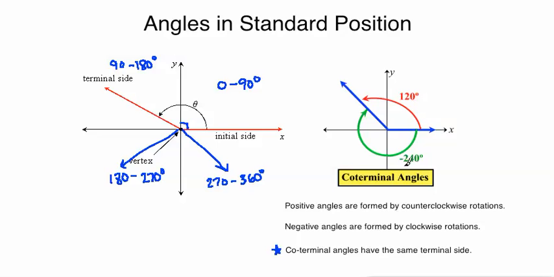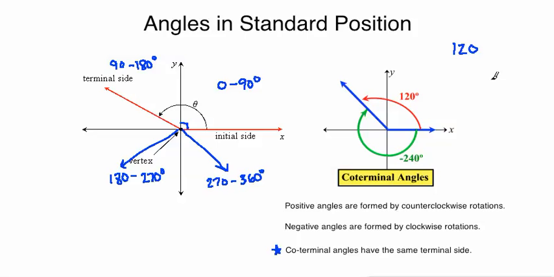You can get to that terminal side in an infinite number of ways. And that's because you can continue to rotate around and around and around and add 360 to any angle to get coterminal angles. So for example, 120 is coterminal with 120 plus 360.